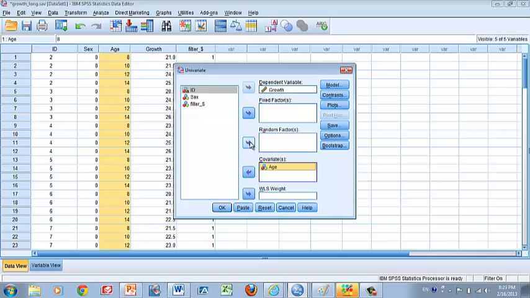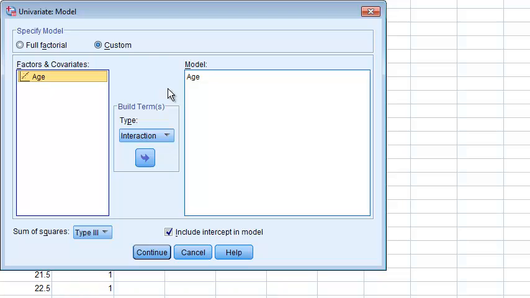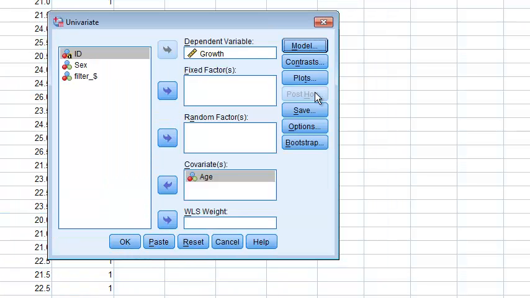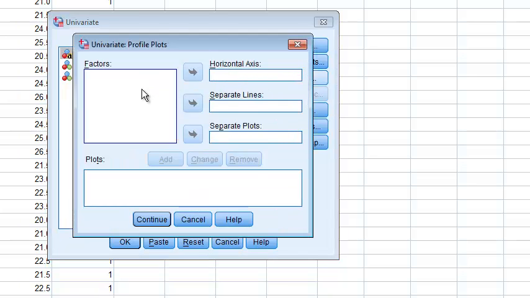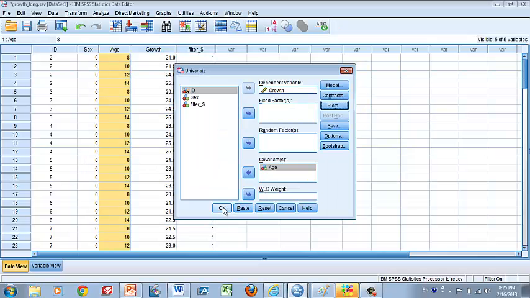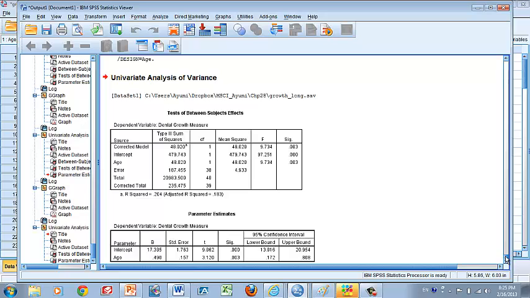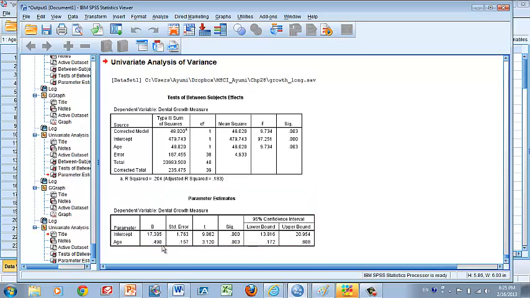SPSS considers age as a continuous variable, so we put age under model, continue, and click OK. And this is the result of this model.